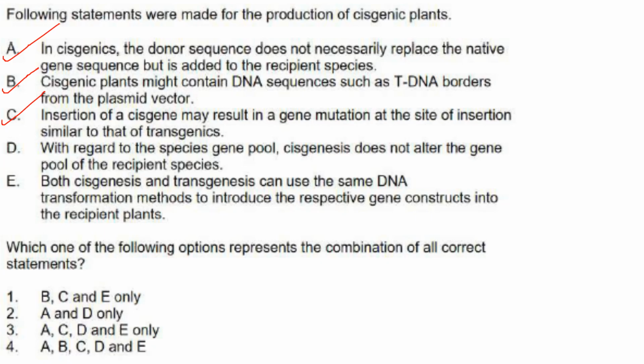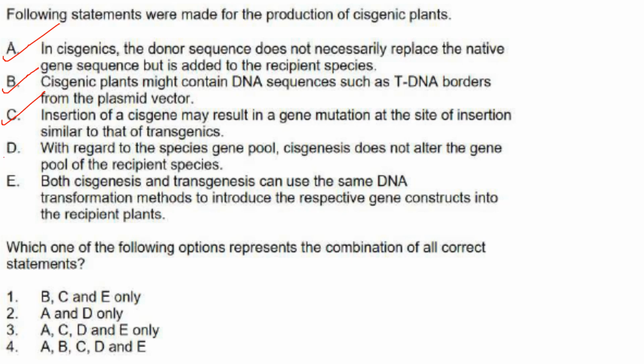With regard to the species gene pool, cisgenesis does not alter the gene pool of the recipient species. That is also correct, because cisgenics involves introduction of genes from a sexually compatible species. So it does not change the gene pool of the recipient species. It merely adds to it without introducing foreign genes from unrelated species.